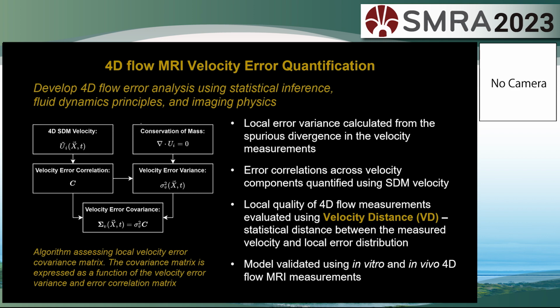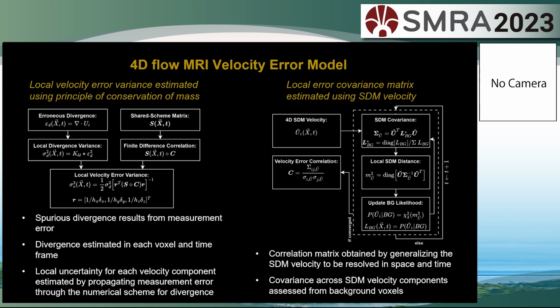So velocity distance is similar to VNR, but it's extending velocity-to-noise ratio because it's also accounting for other sources of error such as limited resolution, partial volume, and phase wrapping. So very briefly, we estimate the covariance matrix of the velocity error as a combination of local velocity uncertainty and correlation of velocity error across the components of the velocity vector.